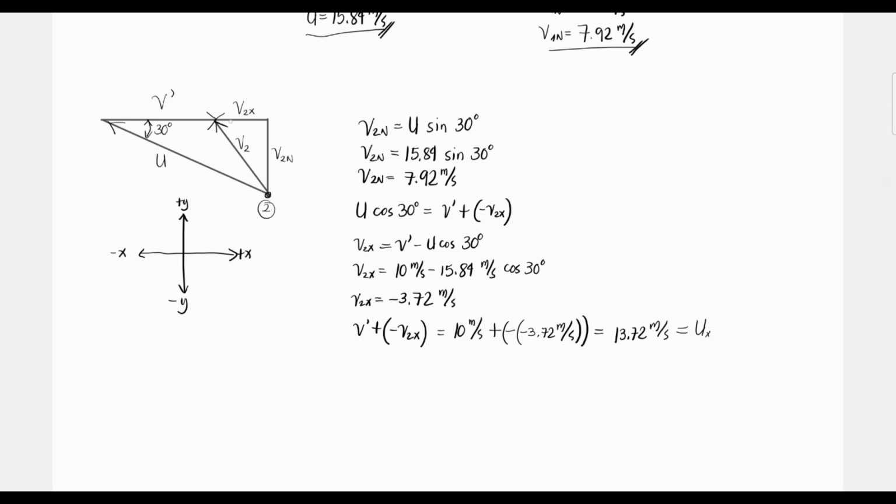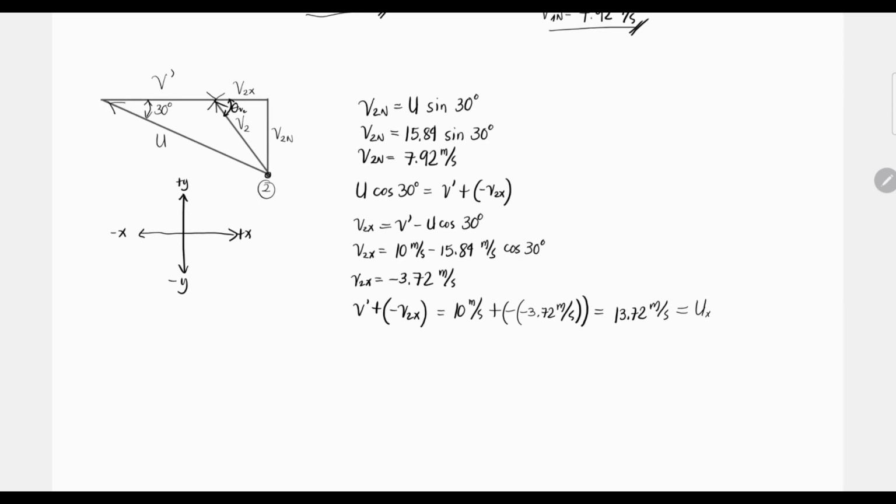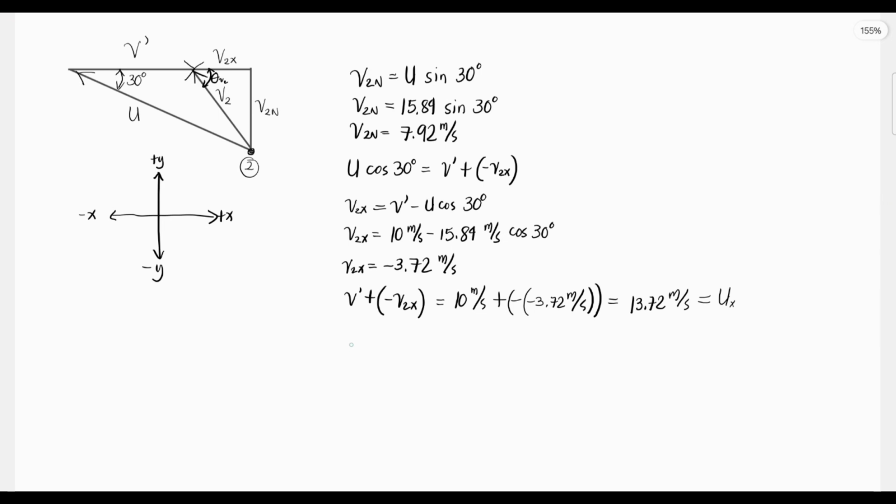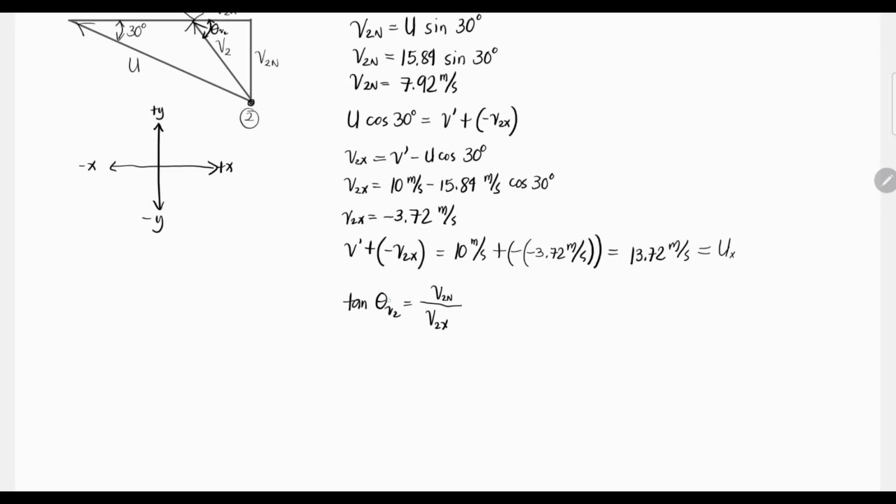Now, to solve for the angle of V2 with respect to the horizontal line, angle of V2, we can use the tangent function. So tangent theta v2 is equal to opposite, this is opposite v2n, over the adjacent, which is v2x. To solve for theta of velocity 2, we need to transpose yung tangent function sa kabila.